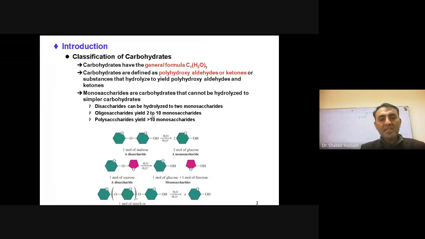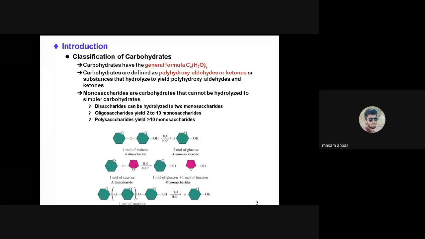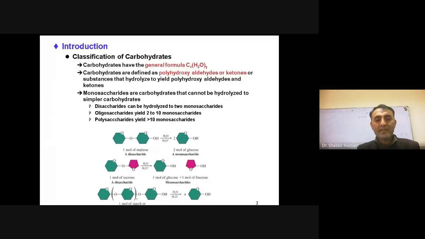Basically, oligosaccharides yield 2 to 10 monosaccharides, while polysaccharides give more than 10 monosaccharides on hydrolysis. If we cannot say the exact figure, we say n. Cellulose and starch, which are basically the storage carbohydrates, have multiple monomers. Okay.